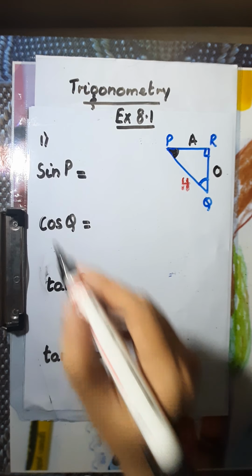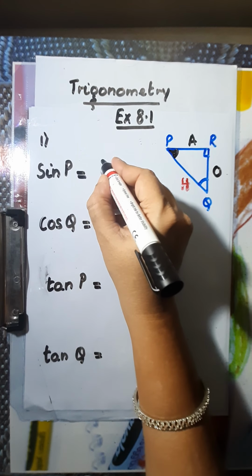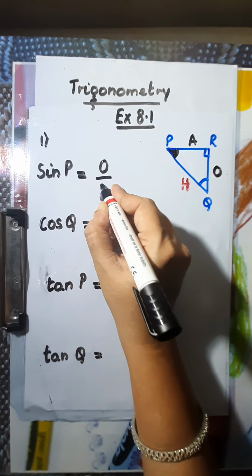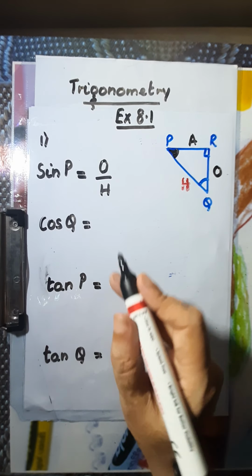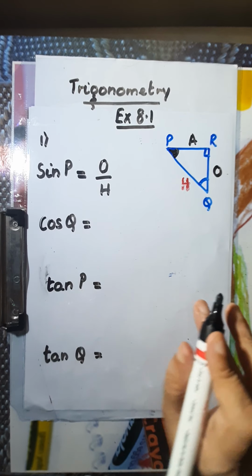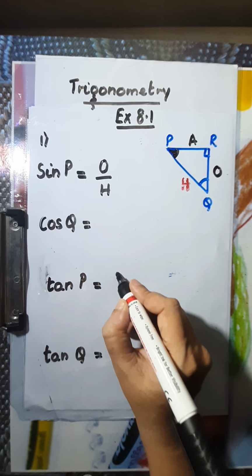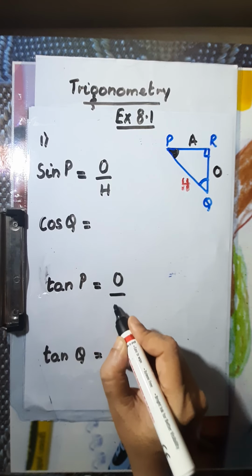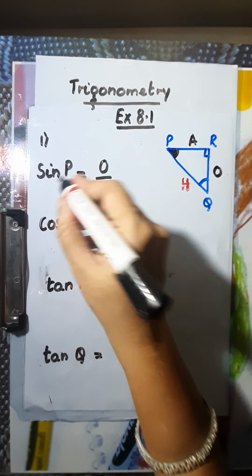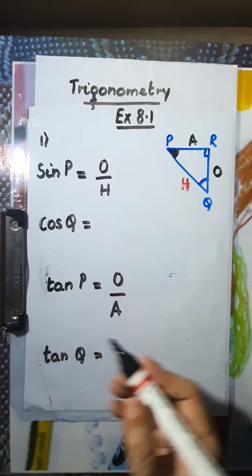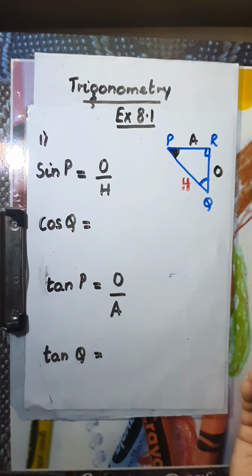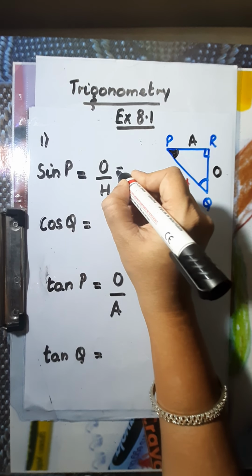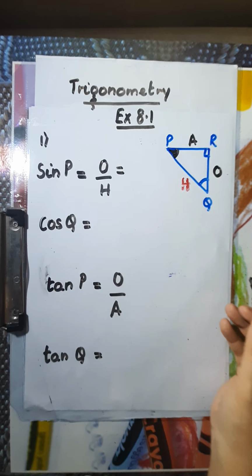Now, just now I told you what is sine. Sine is old and Ritik. And what is tan? Tan is old Alia. Right? So sine P is opposite upon hypotenuse, tan P is opposite upon adjacent. Right? Now, which is the opposite side for angle P?